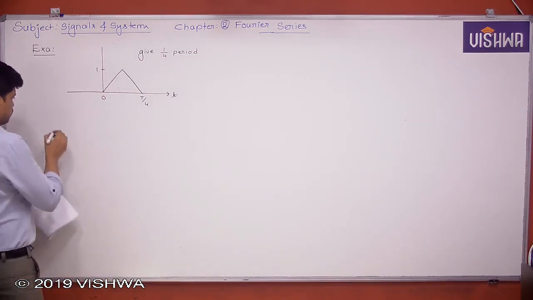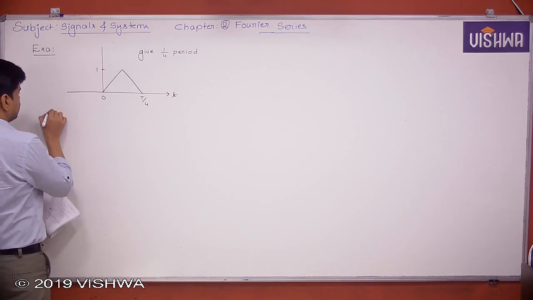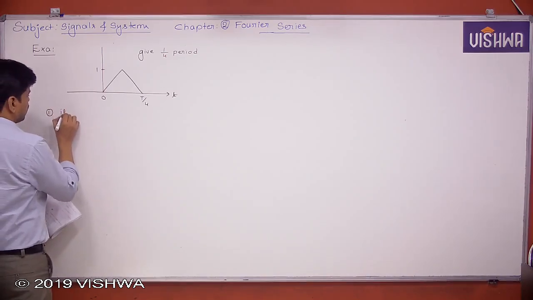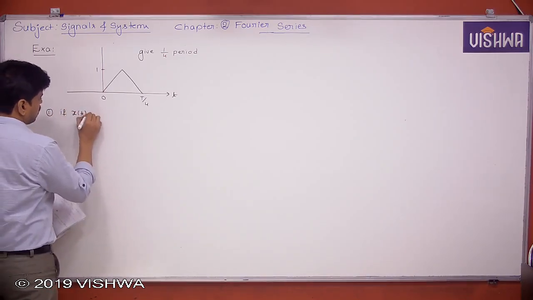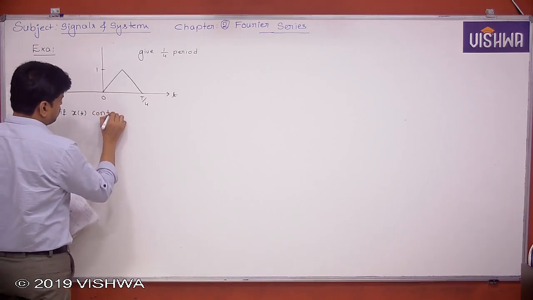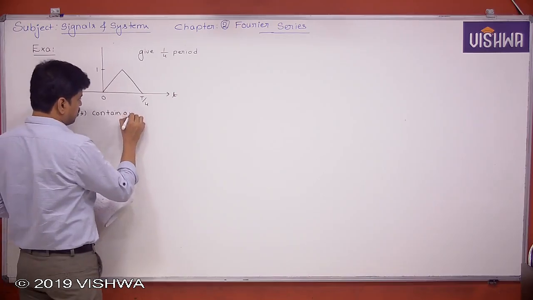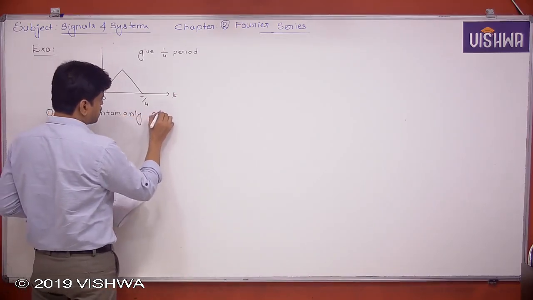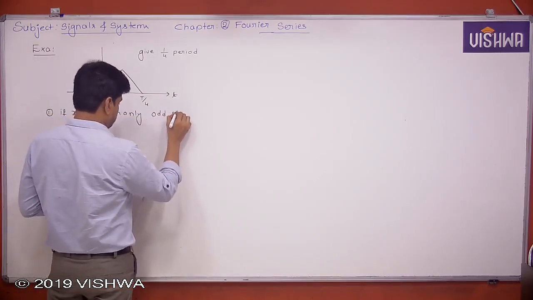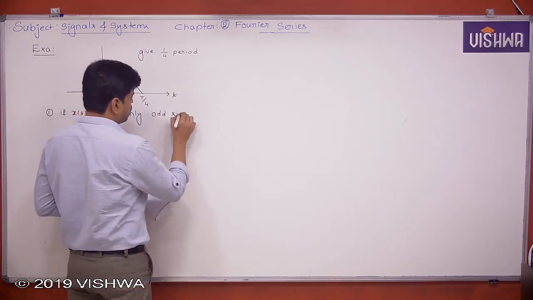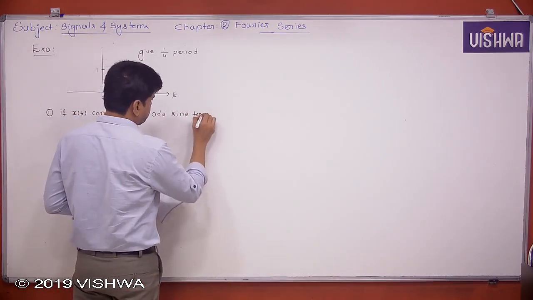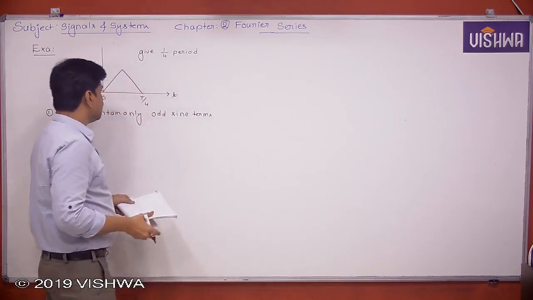First question: if x of t contains only odd sine terms, then draw a full period.